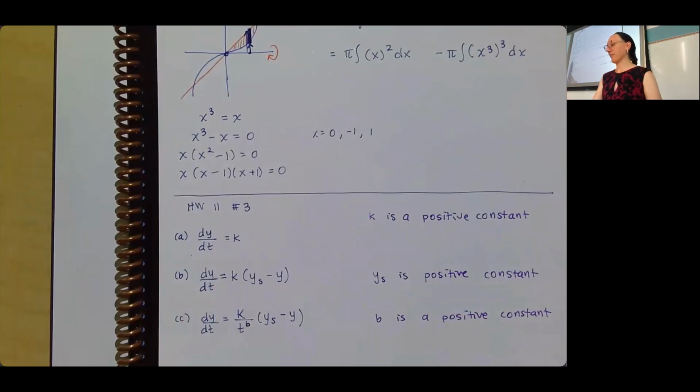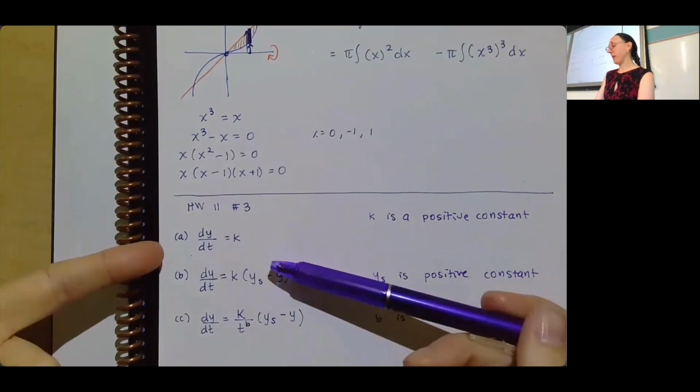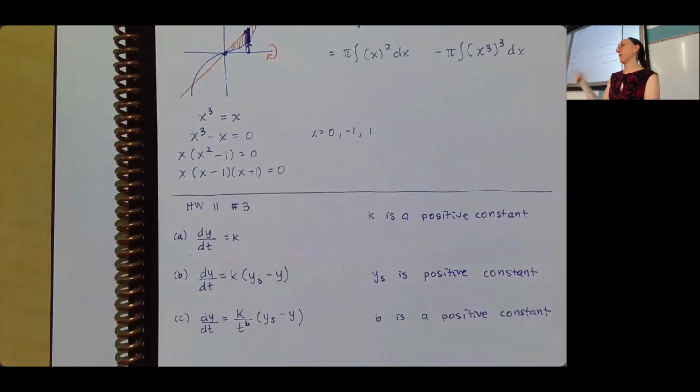It's okay. He only asked us to write the first one in words. What you have to do for B and C is the same kind of thing we started the day with, where we're just verifying that something is a solution. You are not being expected to solve either of these at this time. You will be by the end of the chapter. But for right now, we're just verifying that something is a solution. Did that help? Cool.